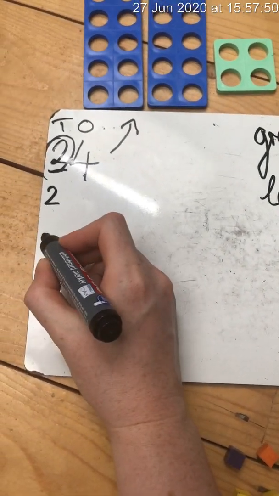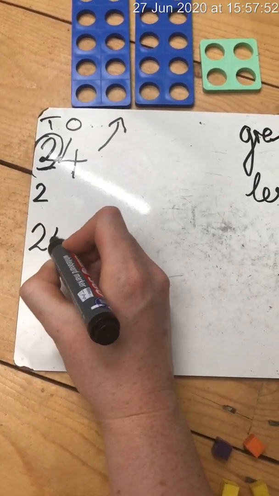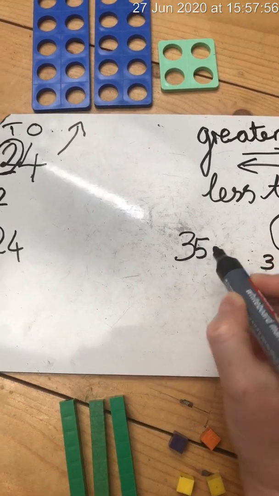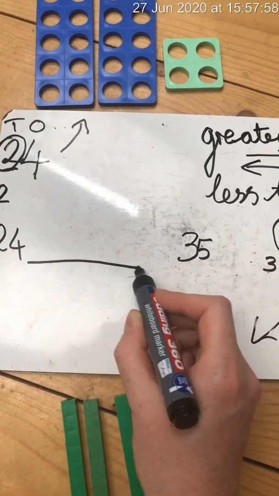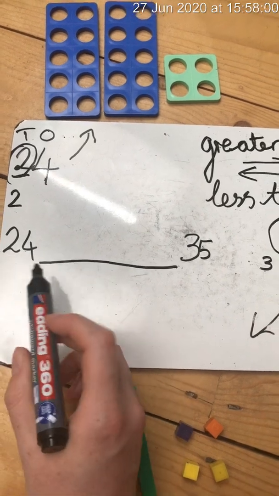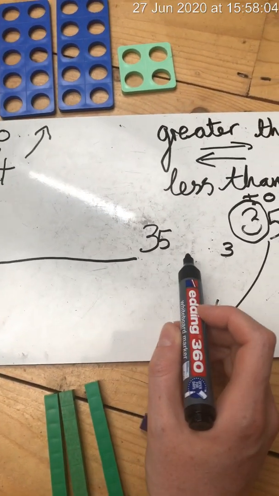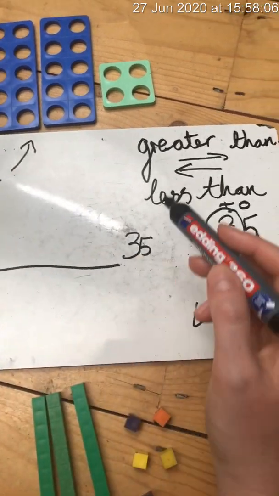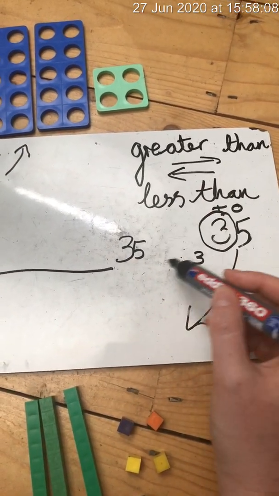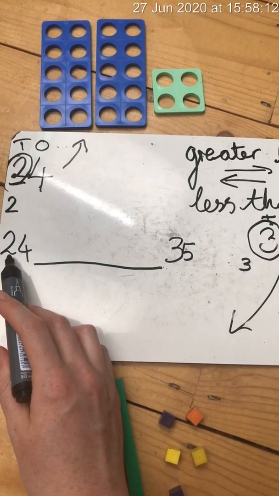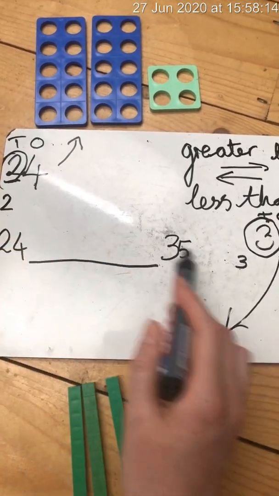So I am going to have the number 24, the number 35, and then what am I going to write in the middle? 24, 35. 24, is it greater than or less than 35? We worked out that 24's got 2 tens, didn't we?